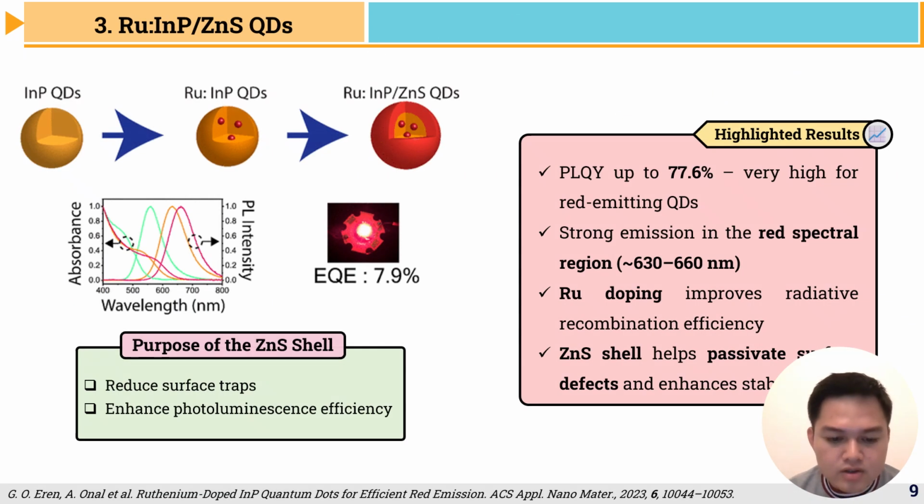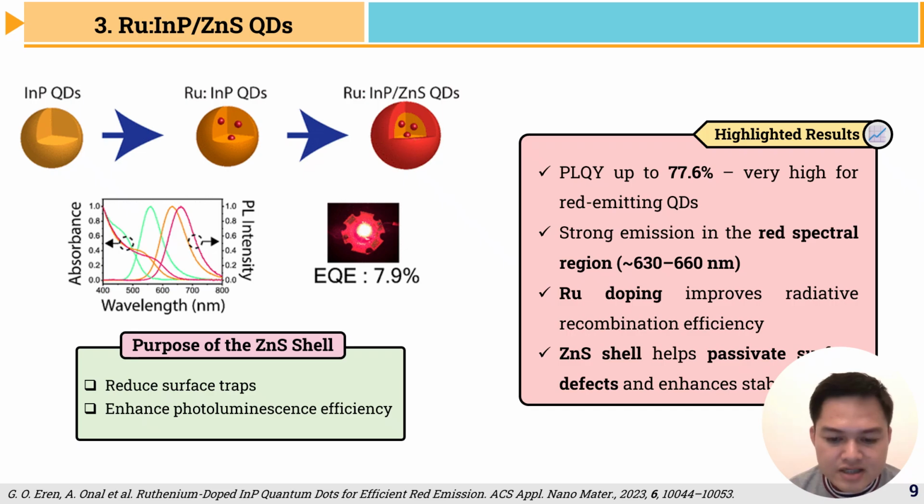This slide shows the final structure of ruthenium-doped indium phosphate zinc sulfide quantum dots. We put ruthenium in the indium phosphate core as a dopant to improve radiative recombination, and the zinc sulfide shell removes surface defects and improves stability.